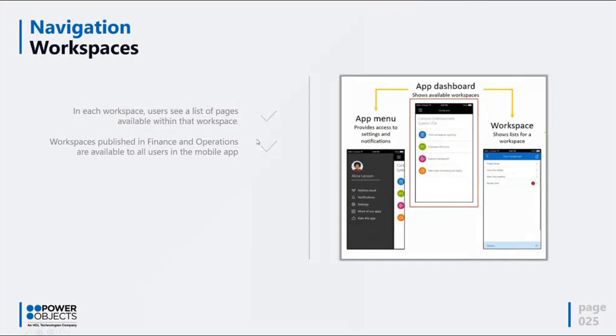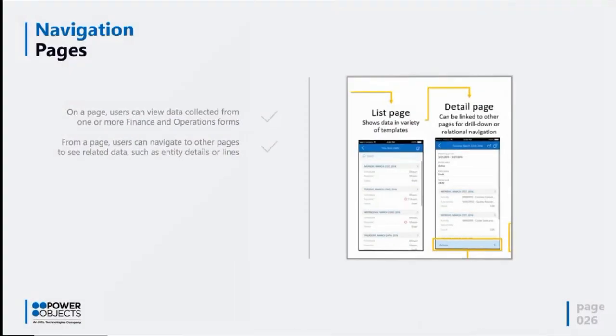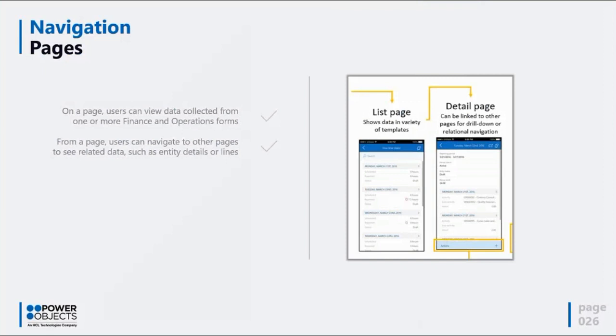And this reiterates that. So on a page, you can view the data collected from one or more forms in finance and operations. And again, you can navigate to other pages to see the related data, such as entity details or lines.